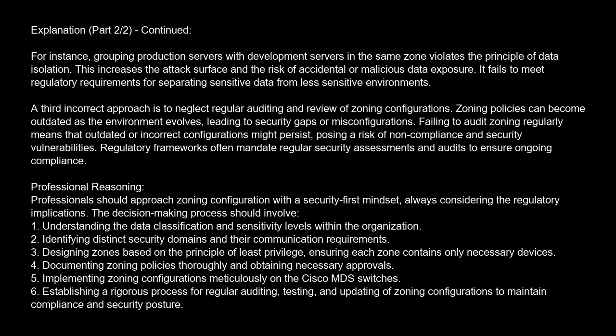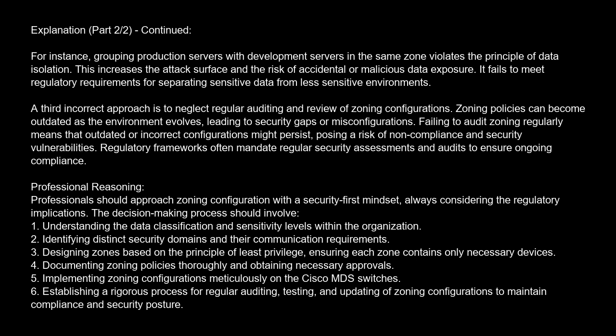Professional reasoning. Professionals should approach zoning configuration with a security-first mindset, always considering the regulatory implications. The decision-making process should involve: 1. Understanding the data classification and sensitivity levels within the organization. 2. Identifying distinct security domains and their communication requirements. 3.